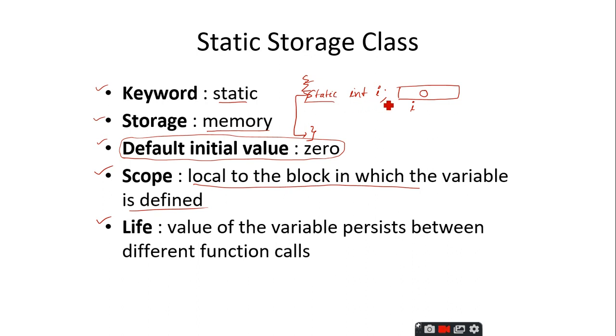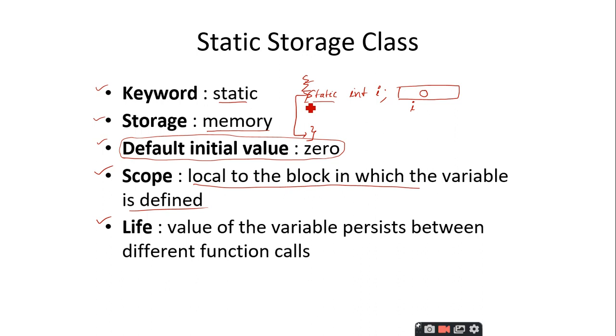Its value will be retained, and this is very important. The lifetime of the static variable is not limited to the block. So when you come out of the block, the value will not be dead. This is very, very important. This is the only difference between the static variables and the remaining variables.